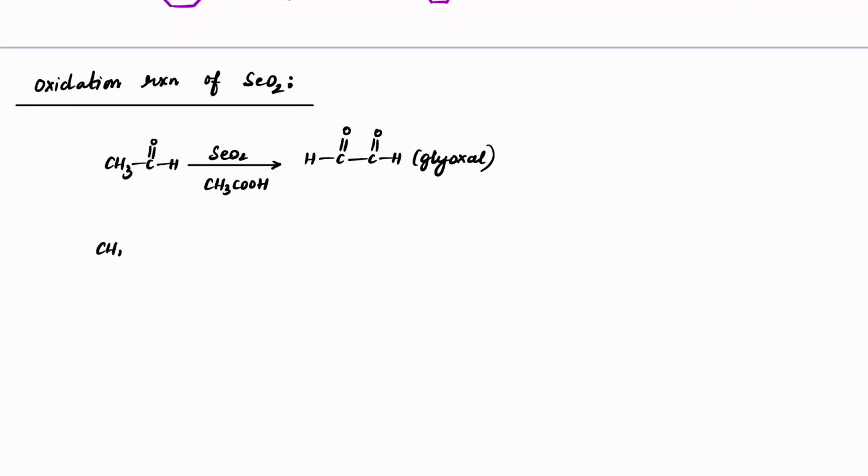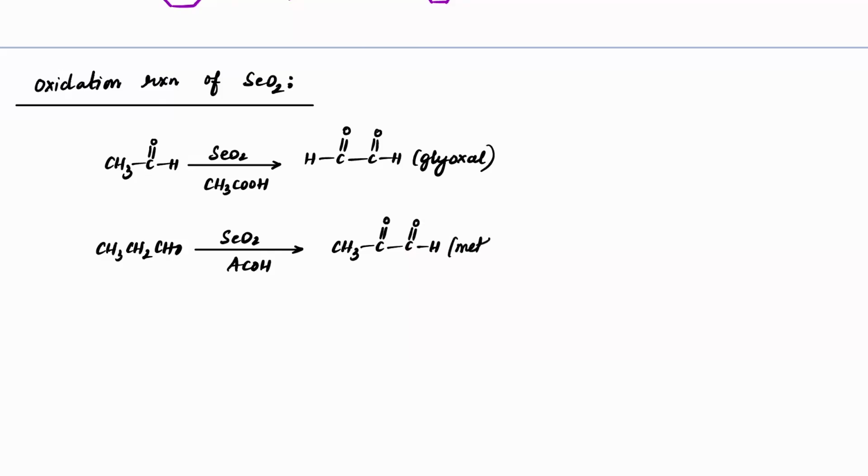Similarly, if you have CH3CH2CHO and SeO2 with AcOH, you get CH3-C(=O)-CHO.